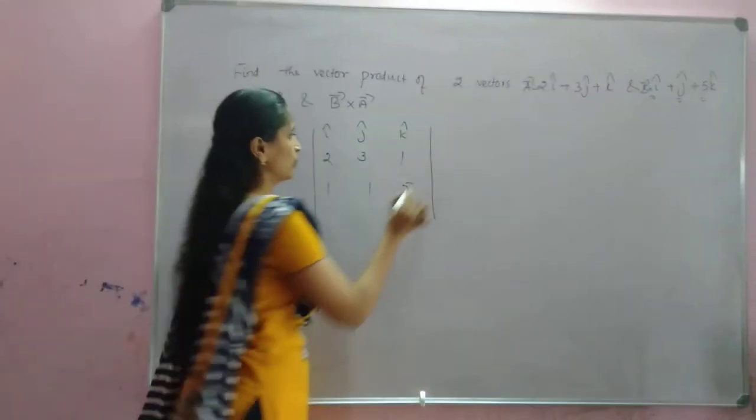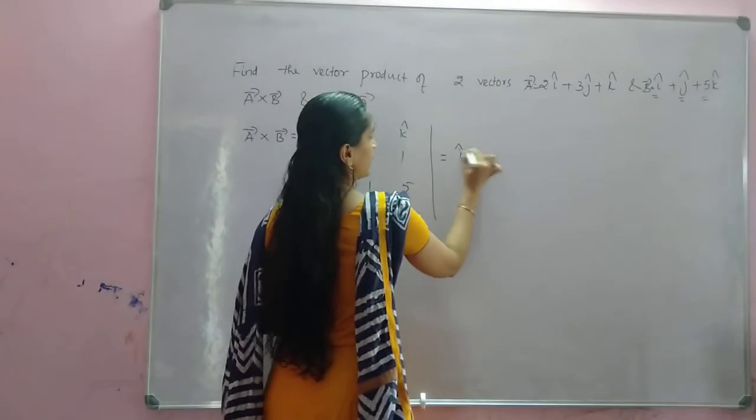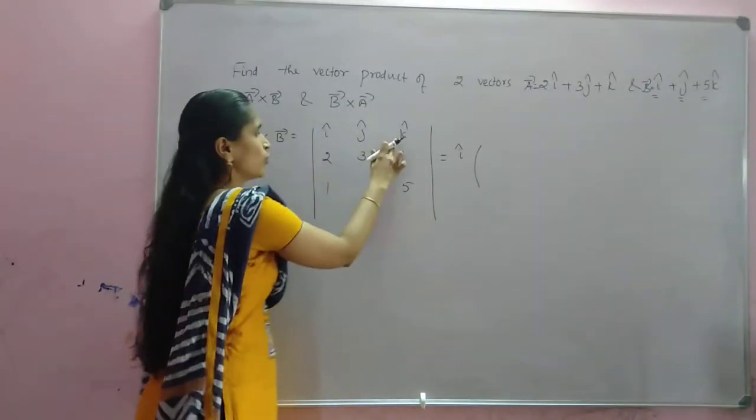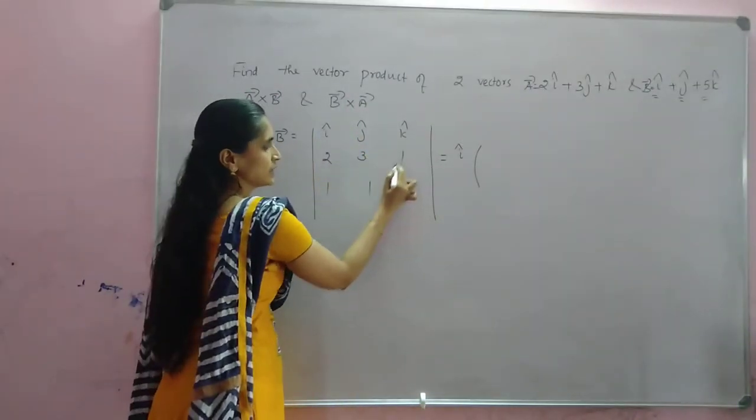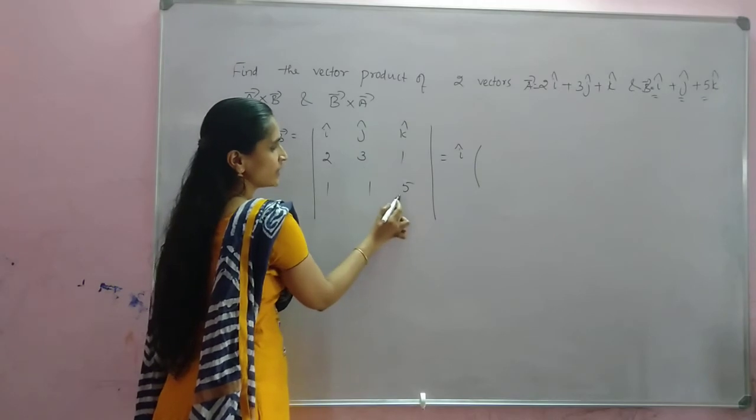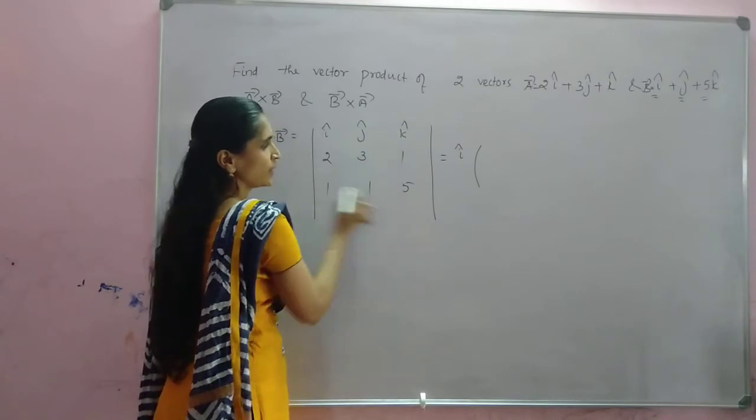Now we start with i into 3 into 5 minus 1 into 1.